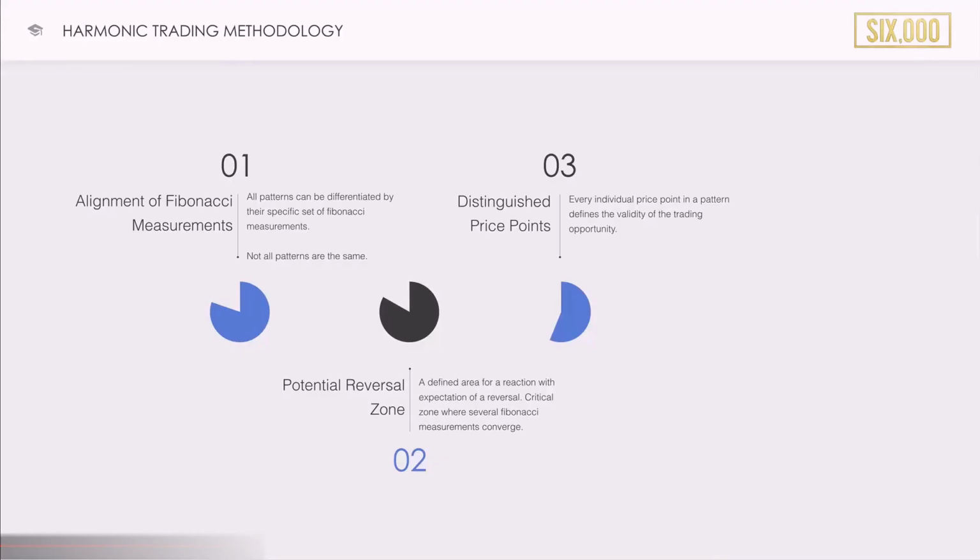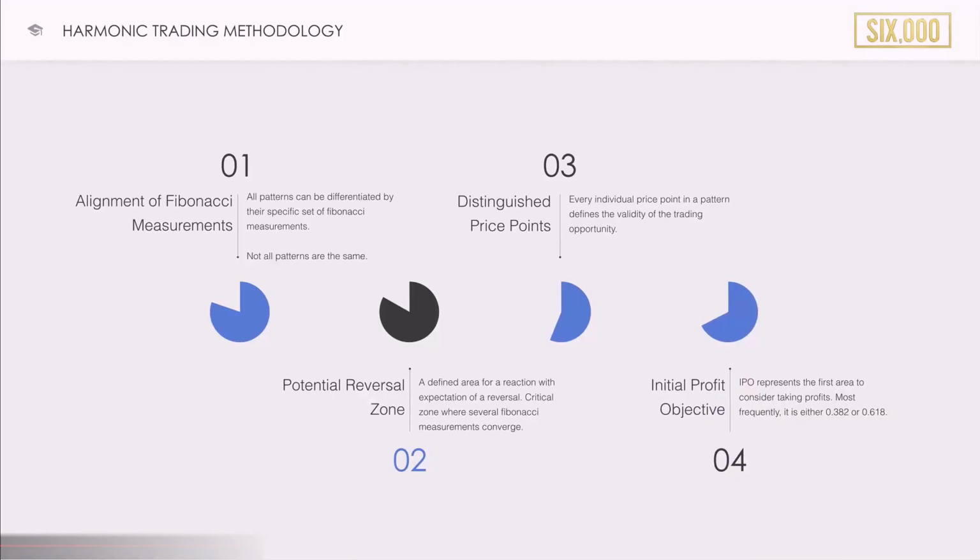So we know that, let's say, a bat pattern, for example, if the B point was only 0.2, we know it's not valid, even if all the other points match up. So that is really what I'm talking about when it optimizes every stage of the trading process. We know what defines a valid pattern. We have all our ratio measurements, our potential reversal zone. We know where to execute the trade. We have these alignment of Fibonacci measurements that converge in the PRZ.